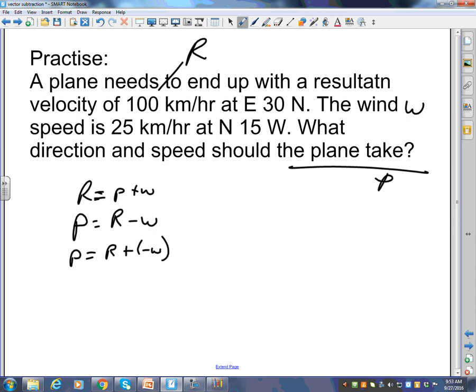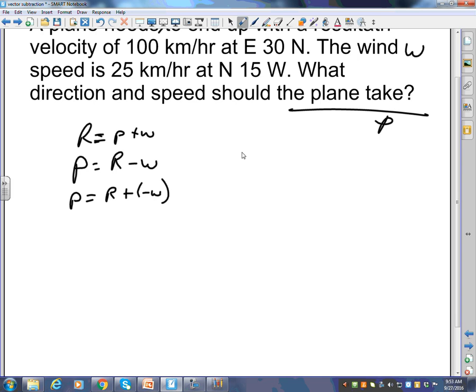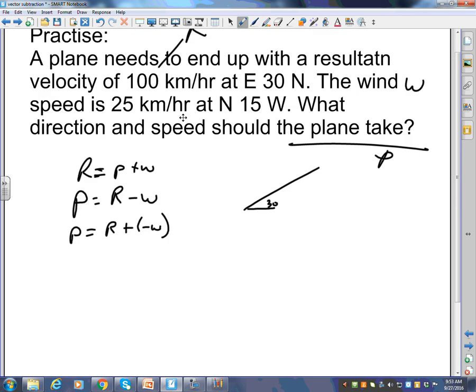Show me your thinking. Oh, okay, I understand what I have to do here. Now it's a matter of vector addition. R plus minus W. So R is this 100 kilometers an hour at east 30 north. And then from there, we're going to go 25 kilometers an hour at north 15 west. That becomes south 15 east.